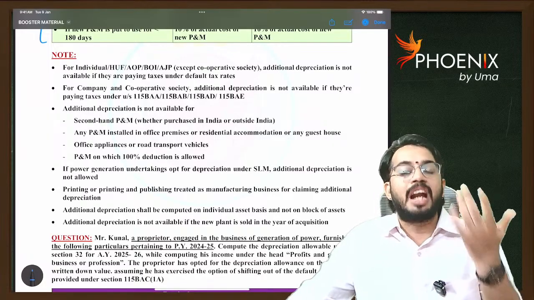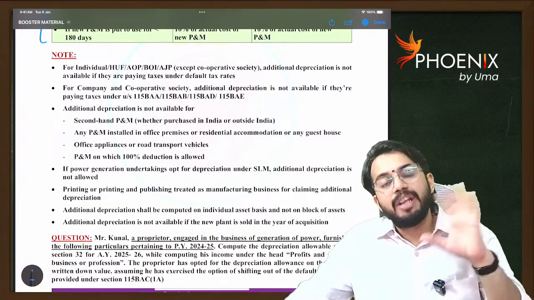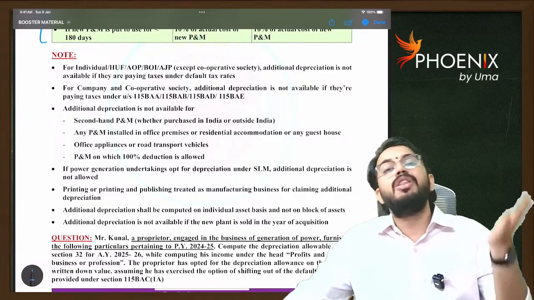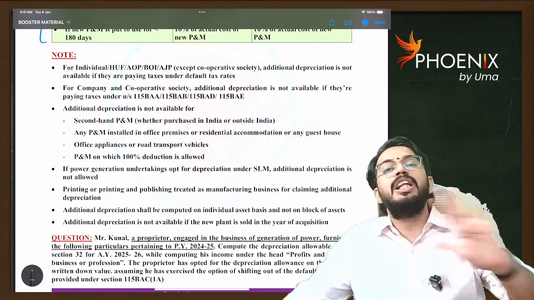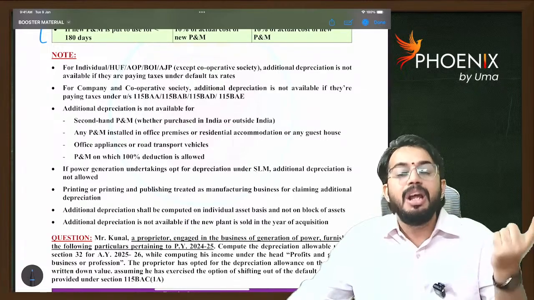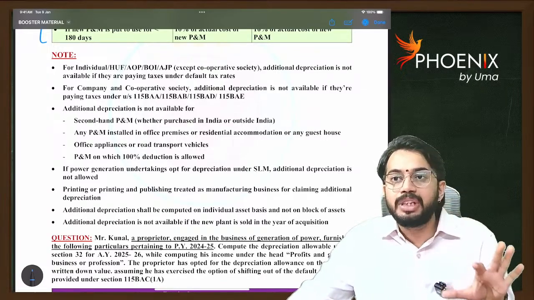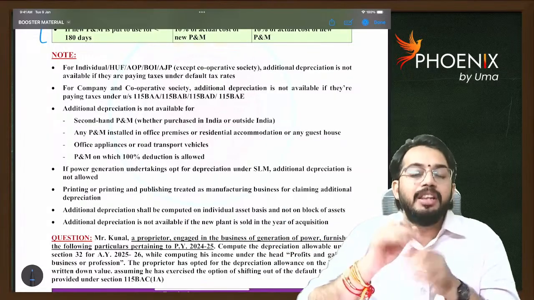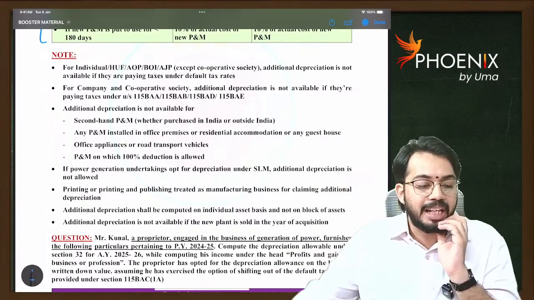You purchased trucks, motor vehicles, even though they are plant and machinery, even though they are new plant and machinery, even though you are into manufacturing business, still you cannot claim additional depreciation. Additional depreciation is available only if you purchase new plant and machinery, and such new plant and machinery is used in manufacturing area, then only additional depreciation benefit is available.